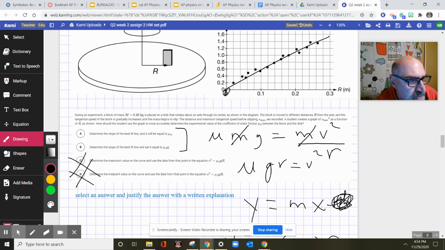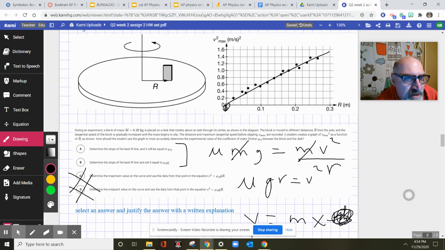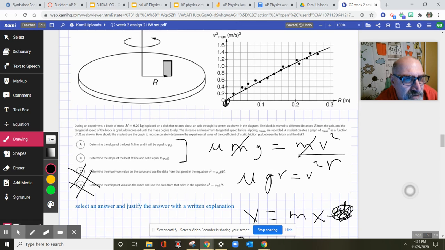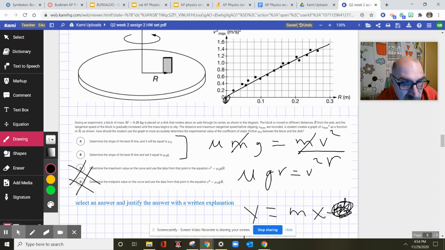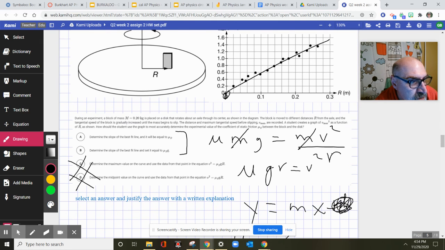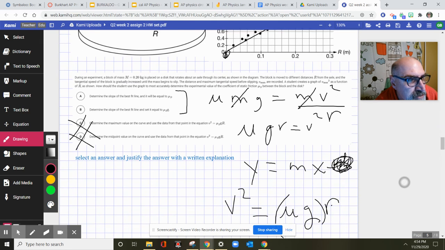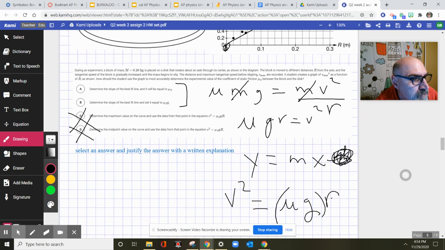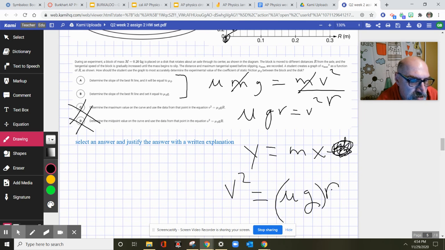In C, you're using one data point, which is the maximum value, and in D, you're using the midpoint or average one, but still, that's not a good method. You need to use all of the data, and to use all of the data, you need to find the slope of a line. The slope of the line then is equal to mu g. It's right there. So the answer was B.